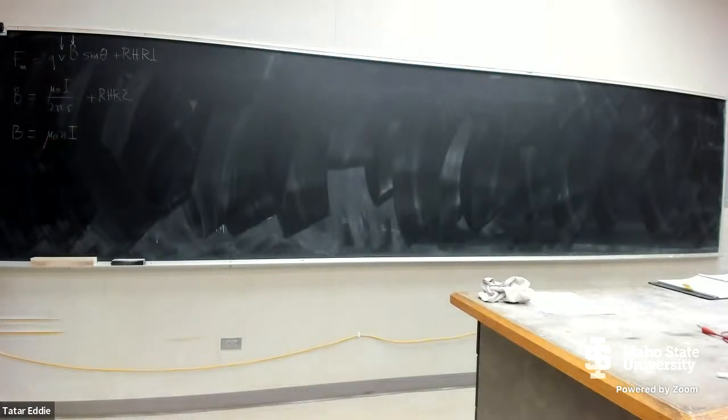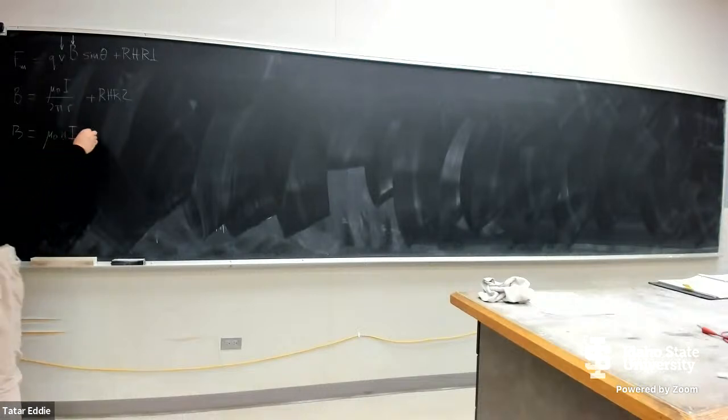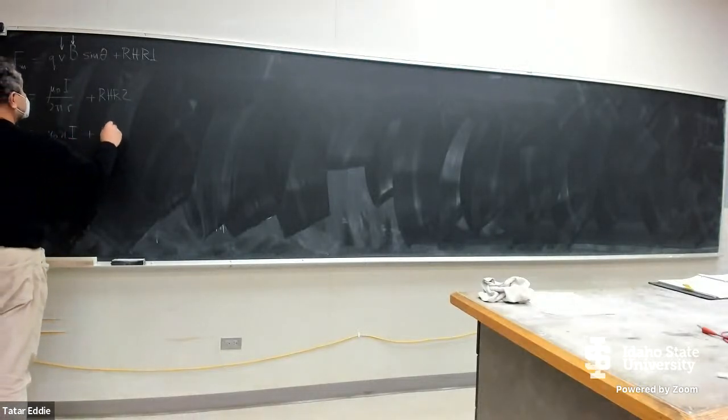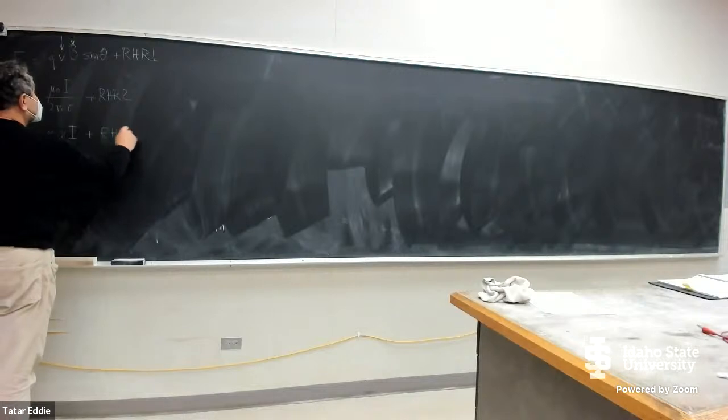And here n is the number of turns per unit length of the solenoid. Again, important part of this equation is the right-hand rule, the second right-hand rule.